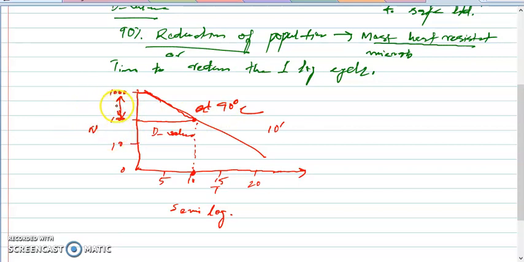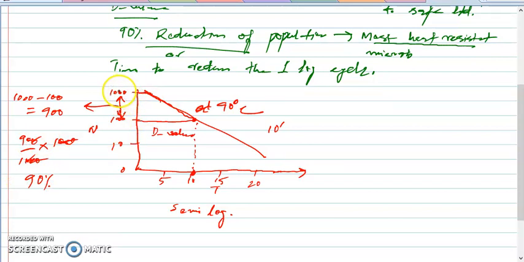So how is it 90%? Let us calculate it. 1000 minus 100 is equivalent to 900. So 900 upon 1000 multiplied by 100 is 90%.